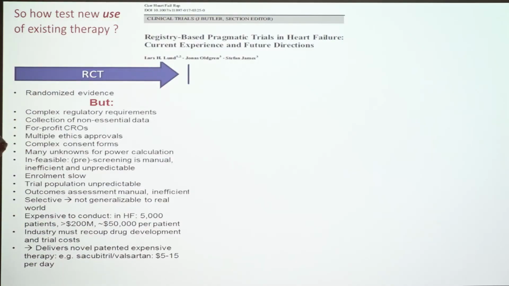Randomized controlled trials provide randomized evidence, the only type of evidence that we can use, but they have tons of limitations. They're complex. We have lots of monitoring requirements, paperwork, documentation, enormous amounts of ethics approvals, really complex consent forms. When I see a patient, which I do every day, and ask them, do you want to be in this trial?